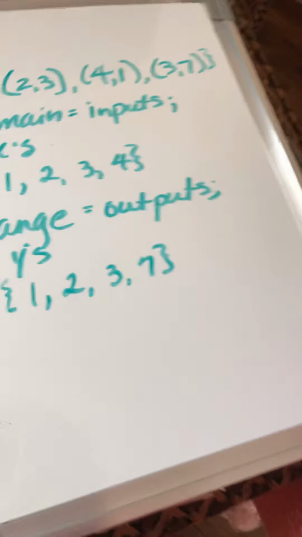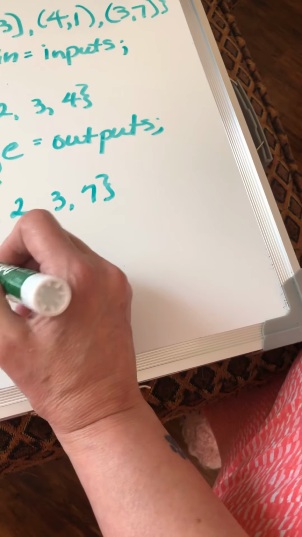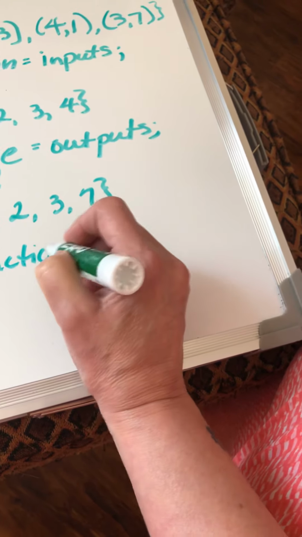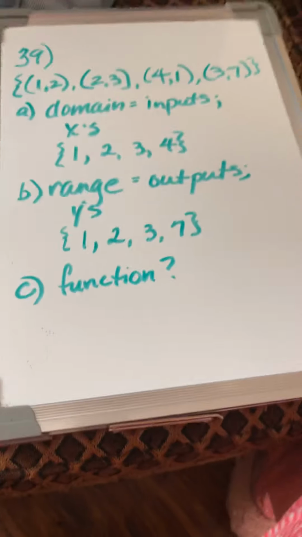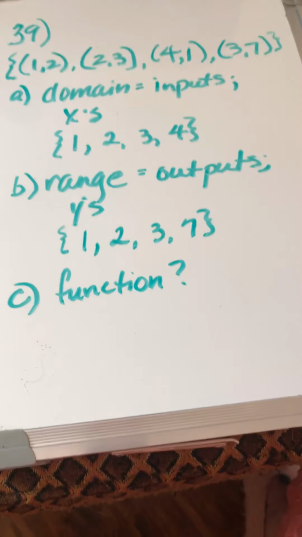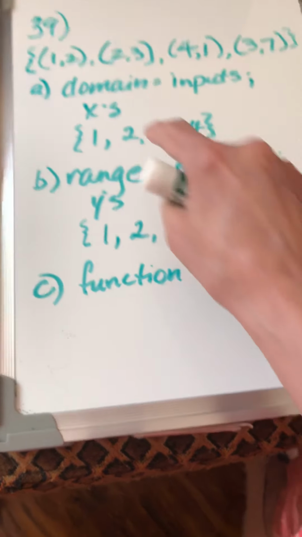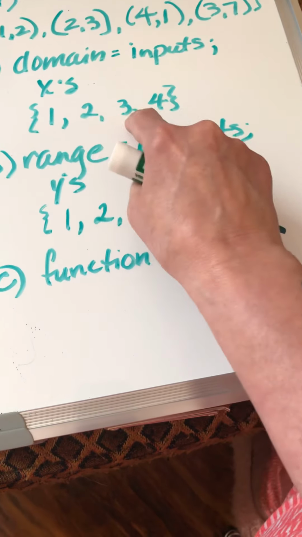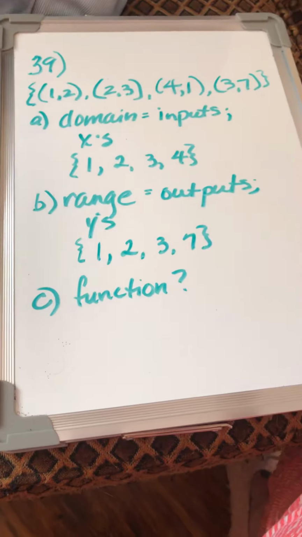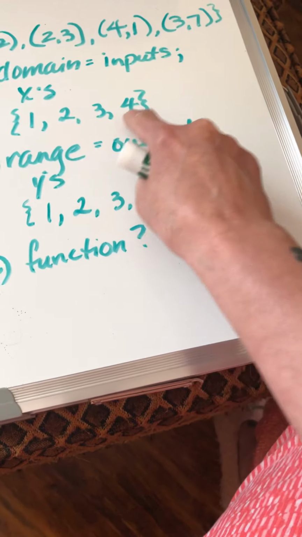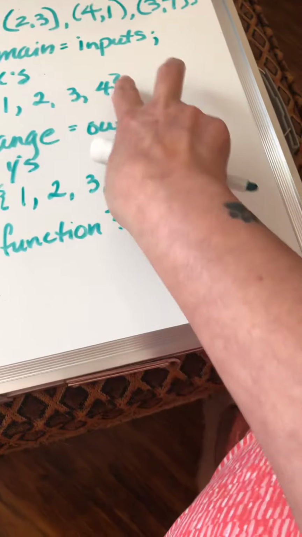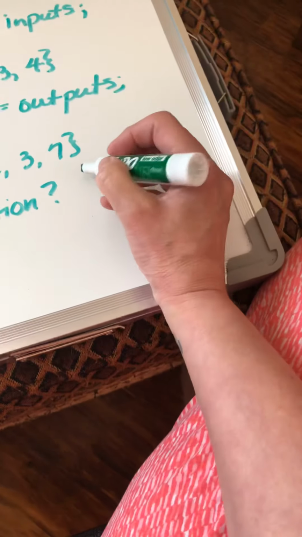Now, is it a function or not? It's a function if every output has a unique input. So that means that each of your x's has to be different. So if I'm listing my x's here, none of them repeat. So we say yes.